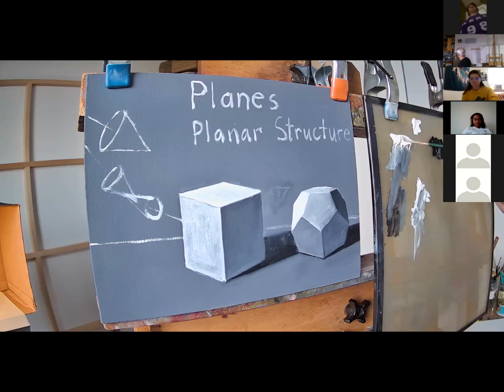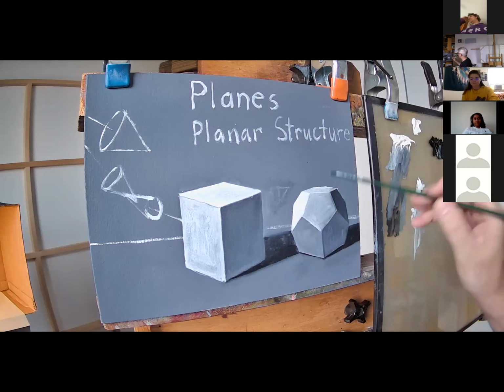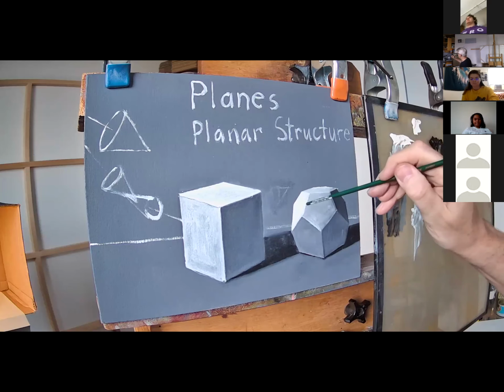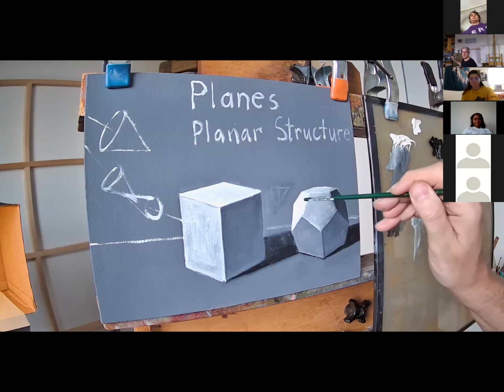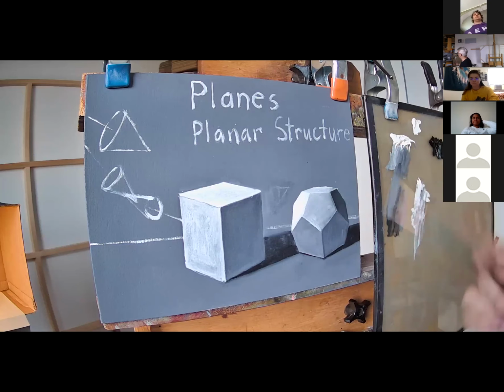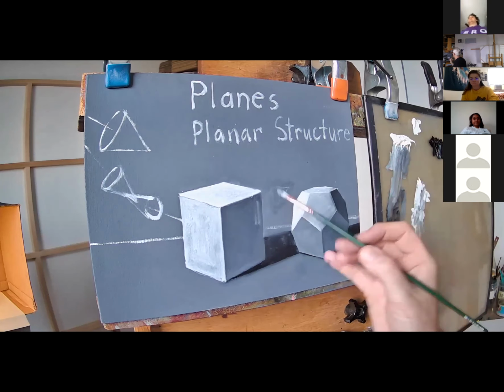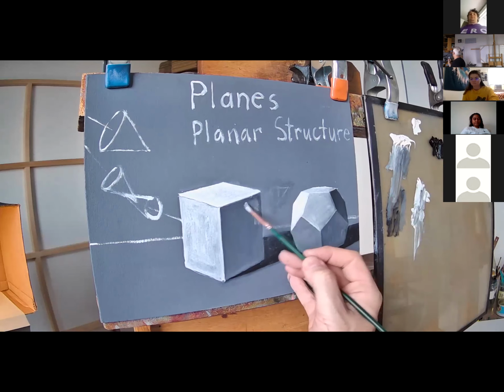And it's possible, so if, as I've imagined, these two objects are next to each other, it's possible that there's going to be light reflecting off this plane and bouncing back into the plane of this cube so that we get a bit of reflected light here.